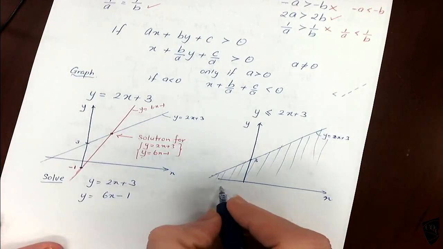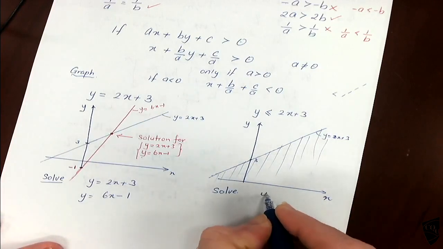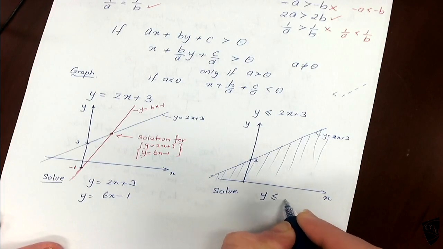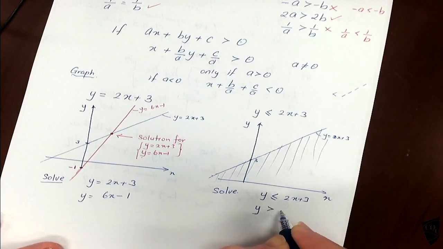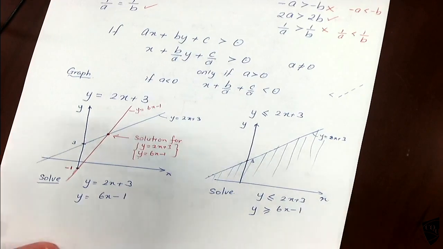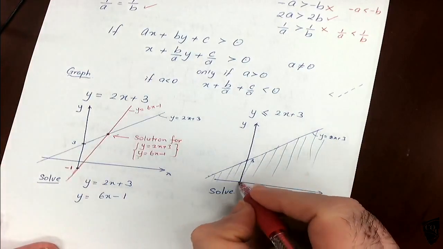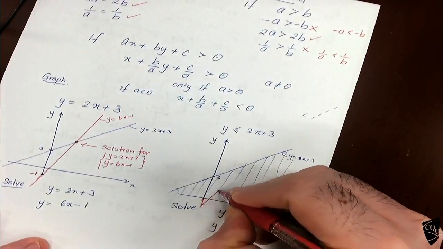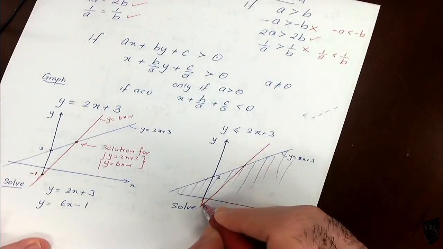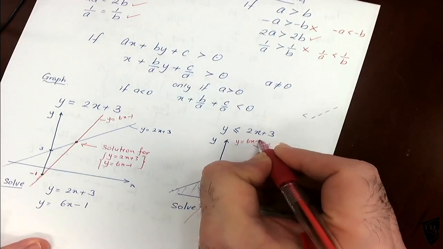But if I ask you to solve y less than or equal to 2x plus 3 and y greater than or equal to 6x minus 1, what will you do? I need to draw 6x minus 1 as we did here. This is y is equal to 6x minus 1.